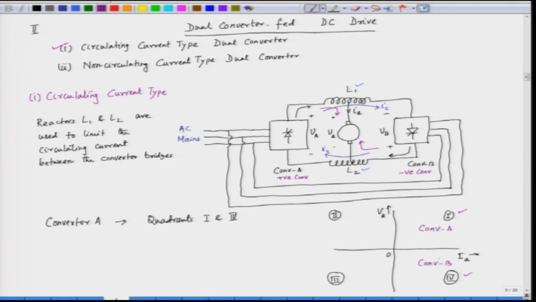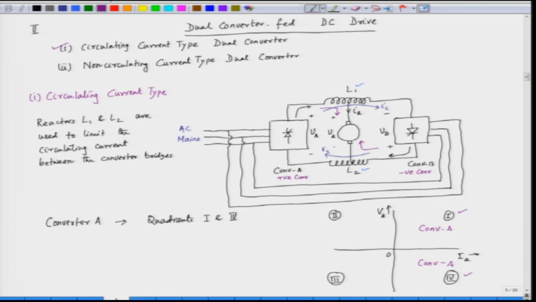What about converter B? Converter B will operate for reversible voltage, but negative current. So, converter B will operate for negative current, it can supply only the negative current.